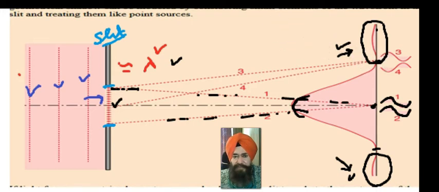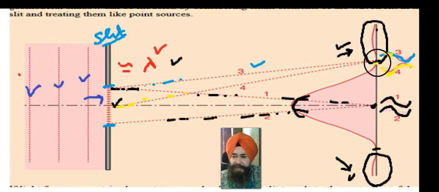And why is it minima here? The reason for this minima is that the wavelets which are coming through beam number 3 are of this shape, and the wavelets which are coming through beam number 4 are of this shape. What happens? When crest and trough fall upon one another, they cancel each other.